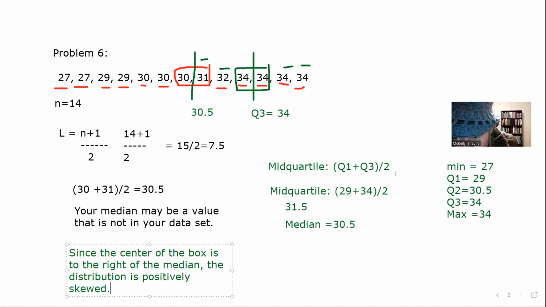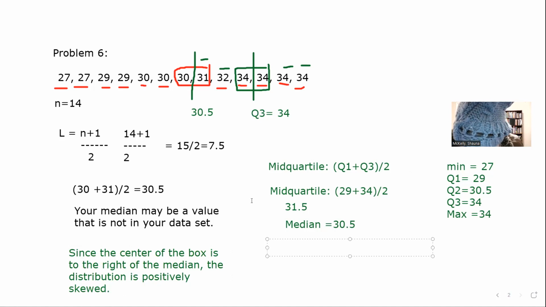The other thing we want to do is check for outliers. What we do with that is we need the interquartile range. So we know how to get the interquartile range.